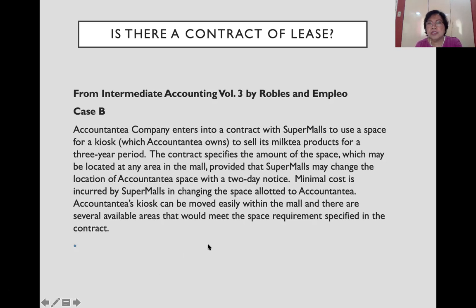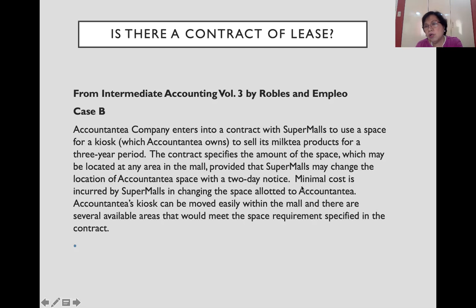Therefore, this is for the use of space. Therefore, let us determine whether the contract specifies an identified asset. It is stated here that the contract specifies the amount of the space, but as to where that space is not specified in the contract, because the space may be located at any area in the mall.